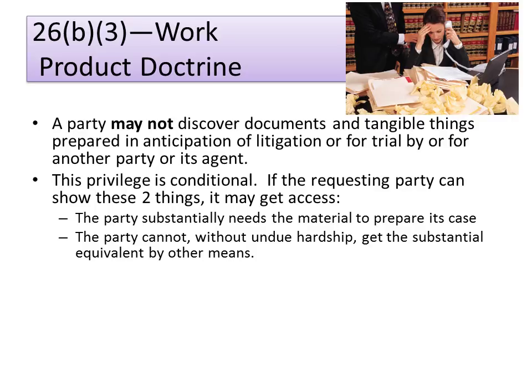But on the other hand, if it's not possible for you to get access to the information, there's no other way to do it without undue hardship, because you can't get the substantial equivalent on your own, and you really need it. You have a substantial need for it. Okay, well then the getting all the cards out on the table policy trumps. So that's the delicate balance in 26(b)(3).